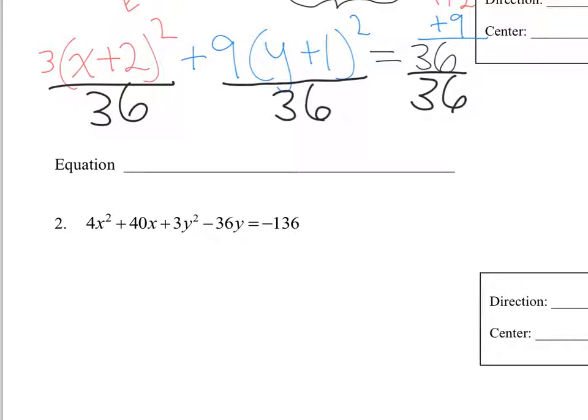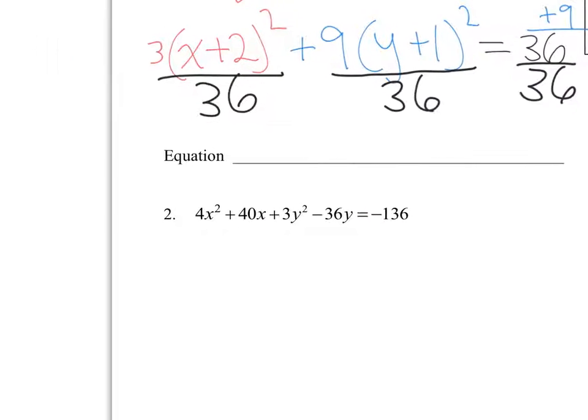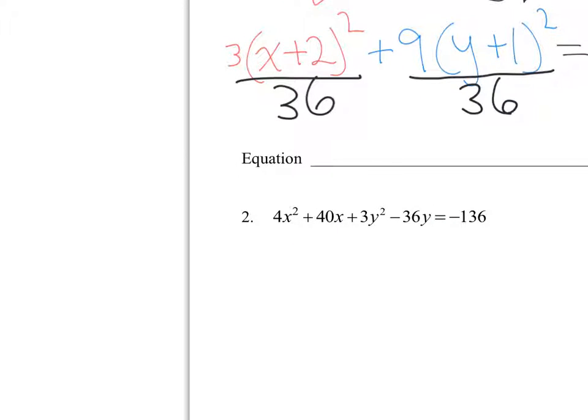Okay, so below here, first I have 3 over 36. Well, what would that reduce to? 3 over 36 reduces to 1/12, okay?